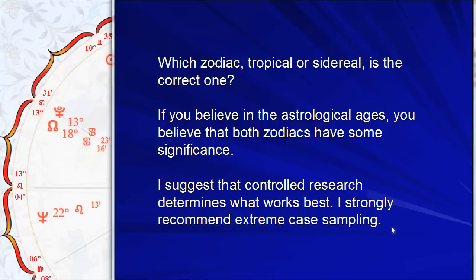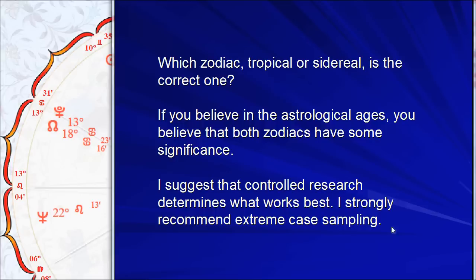Because the ages are created by the relationship of the zodiacs, and it is possible that both zodiacs are correct. Some astrologers say that the tropical zodiac is more of a personality level, and the sidereal zodiac is more of a soul level. So it's not that one zodiac has to be correct and the other must be wrong. One may be correct, both may be correct and tell you different things about yourself, or both may be wrong. Maybe all these zodiacs are nonsense. How would we decide? Well, I don't think we're going to decide by saying who was first.